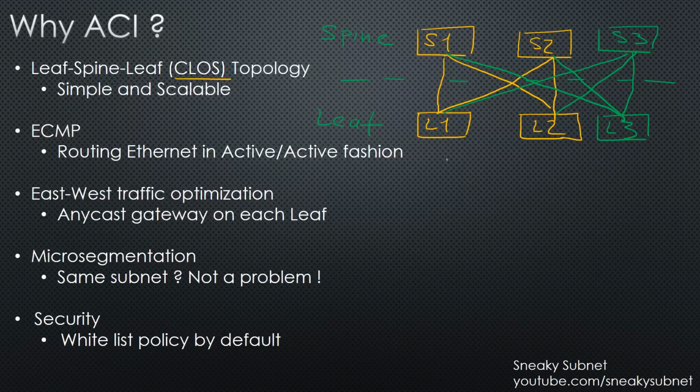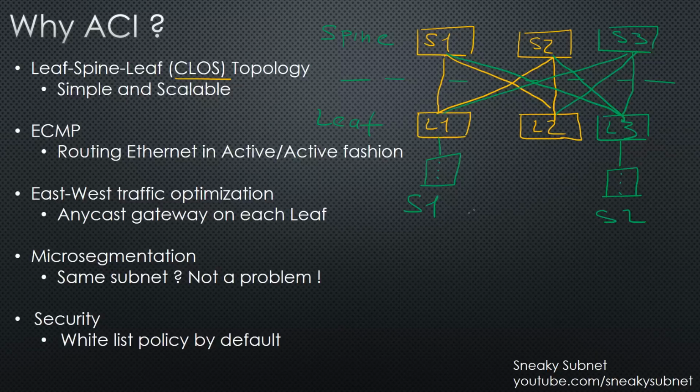And of course, one more benefit of this topology is that any host inside your fabric has to traverse a maximum of 3 hops to reach any other host. So for example, we have server 1 sitting here and server 2 sitting here.